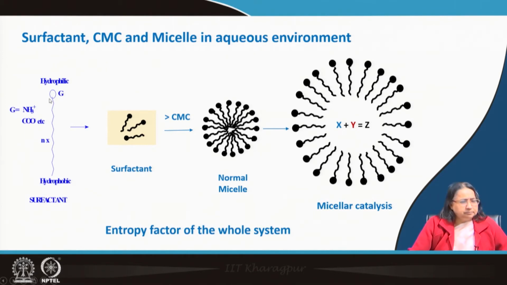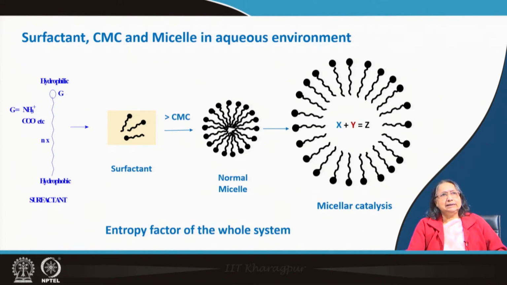So this is the structure. Now, if we represent this as this one, this is the head and this is the tail. If you put surfactant molecules in water in a small concentration, then it will act as an electrolyte. It will start forming some layer at the interface of water and air.